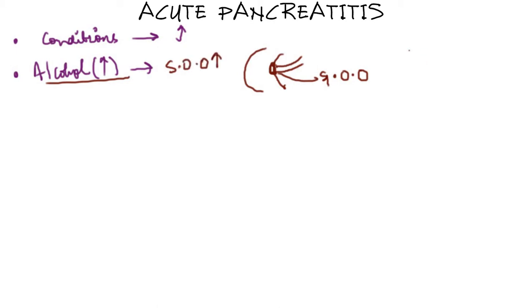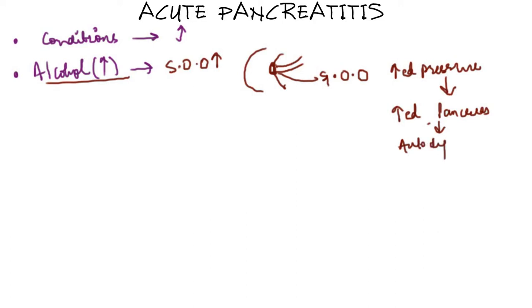So there will be an increased pressure in the ducts, which will lead to increased pressure in the pancreas, and as a result there will be autodigestion of the pancreas due to the activation of enzymes. That is acute pancreatitis.